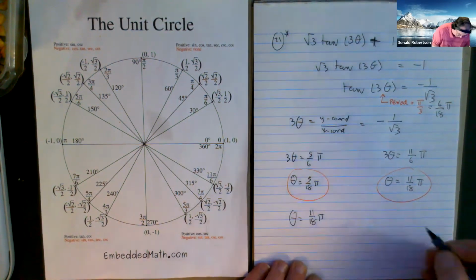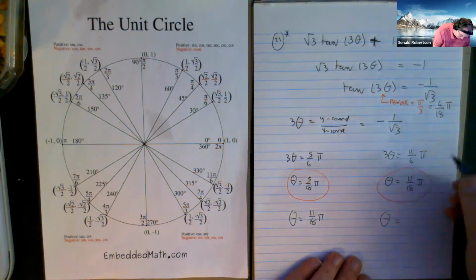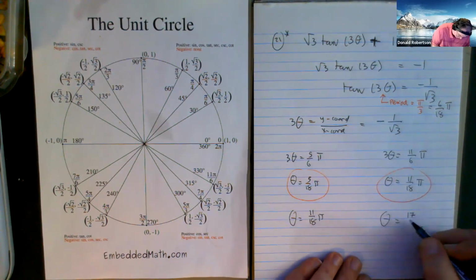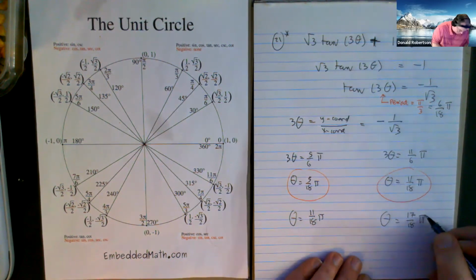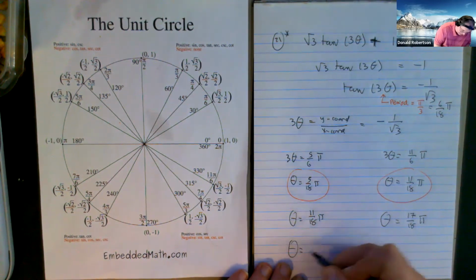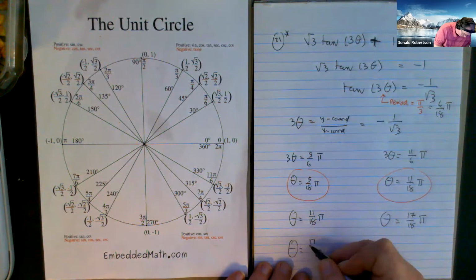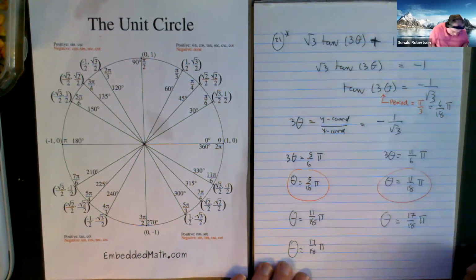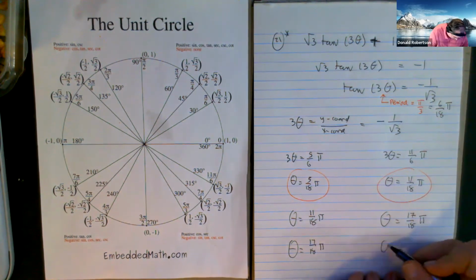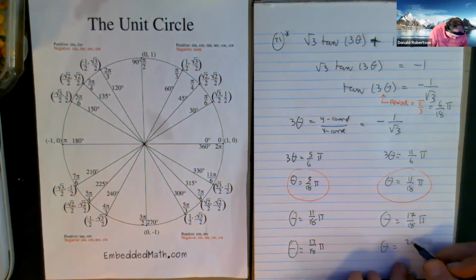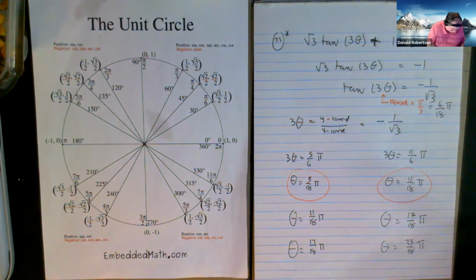That's kind of interesting. And if you add it to this fella, you get 17/18 pi. And if you add it to this one, you get 23/18 pi. And I'm running short of paper here.